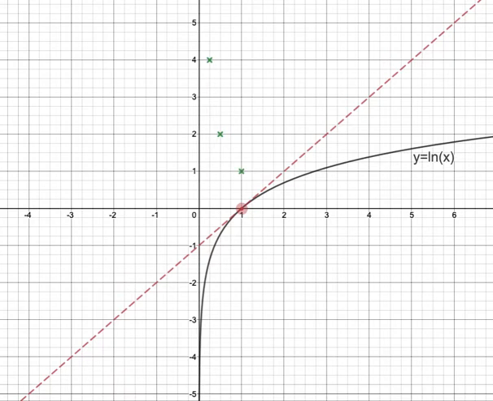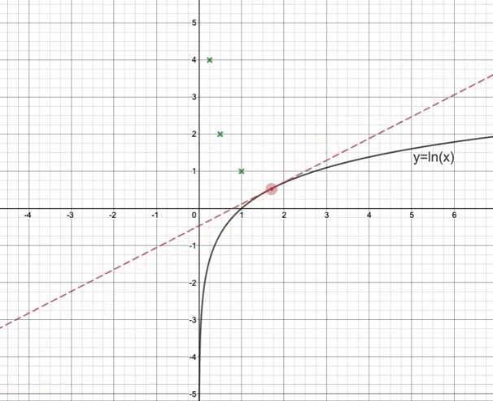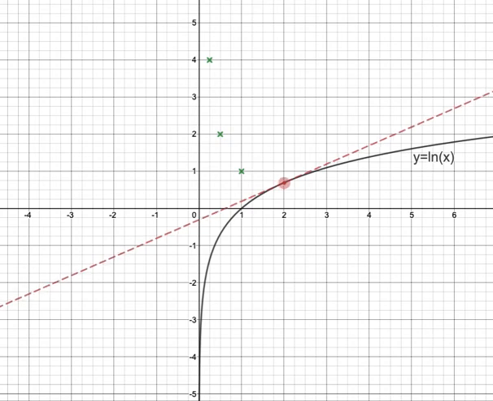As we keep moving, when x is equal to 2, we have to look carefully at this, but again, if we use the grid as best as we can, we can see that the gradient of this tangent line is a half. So when x equals 2, log e of x has a gradient of a half. And if we plot that point, we're just continuing to build up our graph.